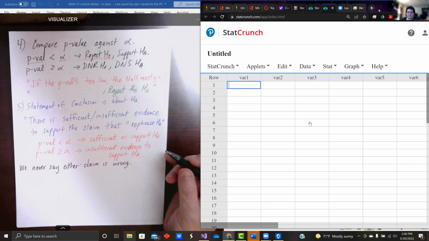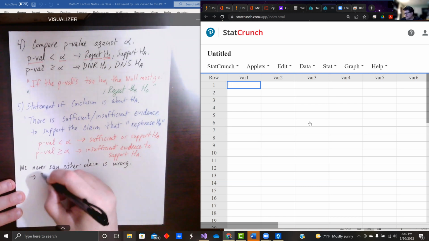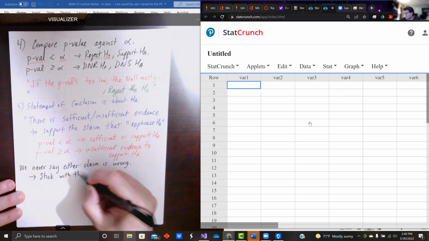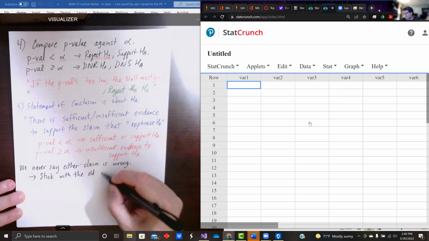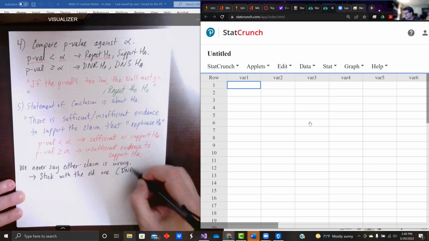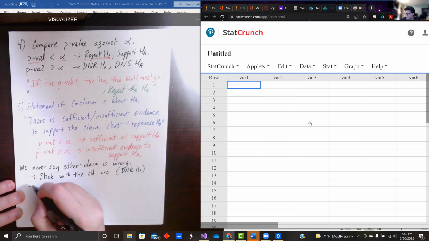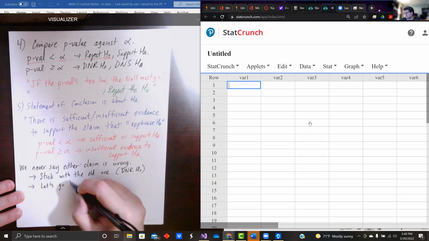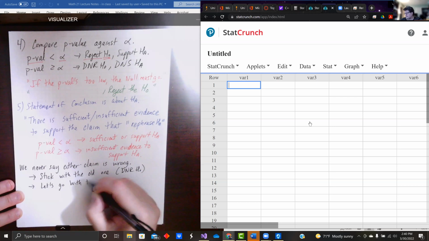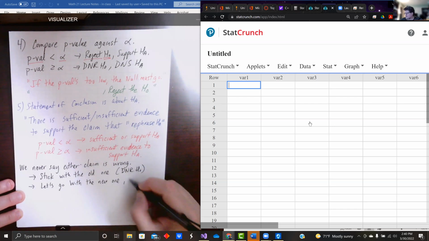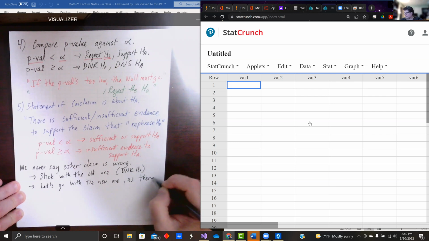What we're really saying is we should either stick with the old one, which was the do not reject H naught, or let's go with the new one, as there's a lot of evidence against the old one.